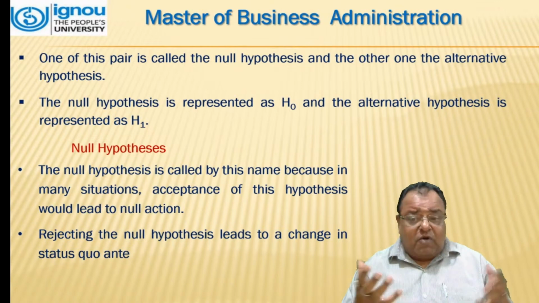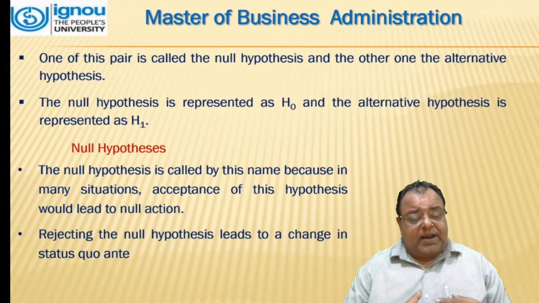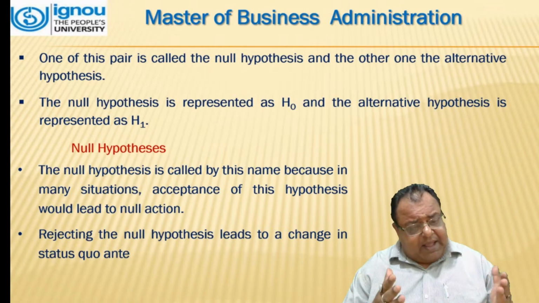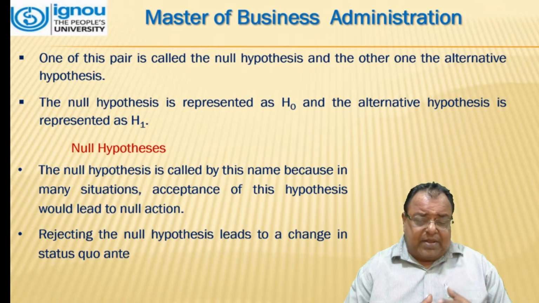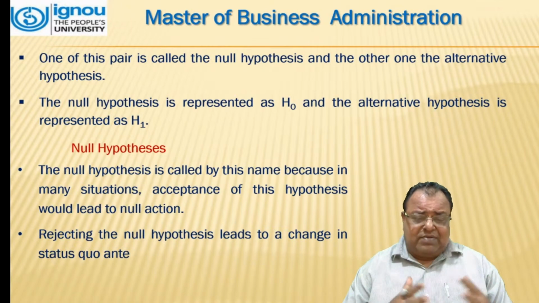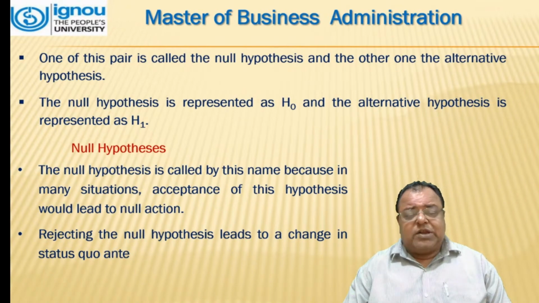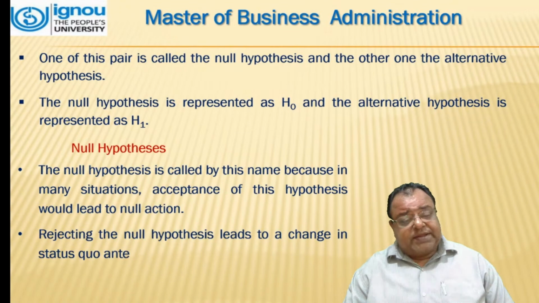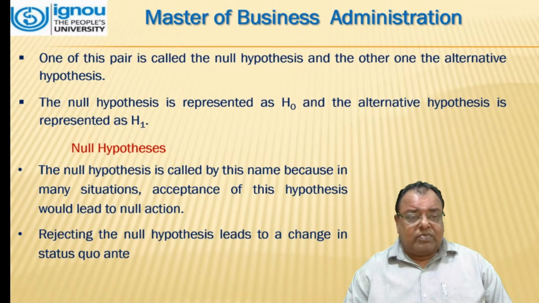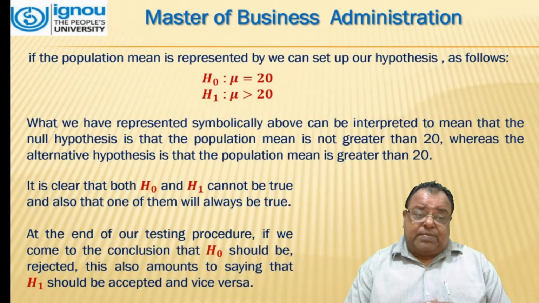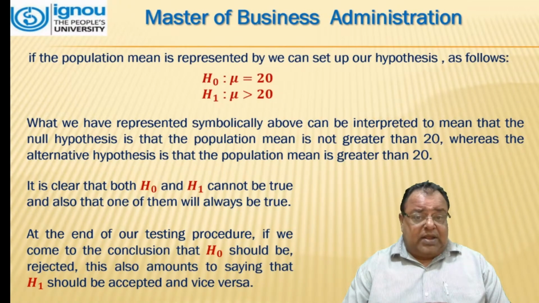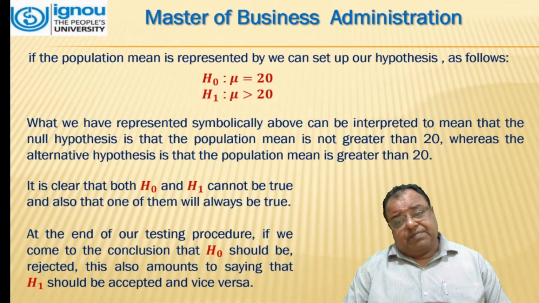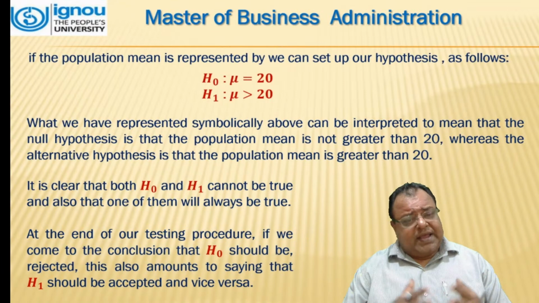Now, what is actually meant by null hypothesis? The null hypothesis is called by its name because in many situations, acceptance of this hypothesis would lead to null action. Rejecting the null hypothesis leads to a change in the status quo. If the population mean is represented by mu, we can set up our hypotheses as H0 and H1.